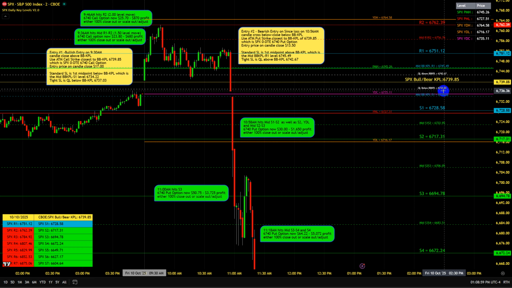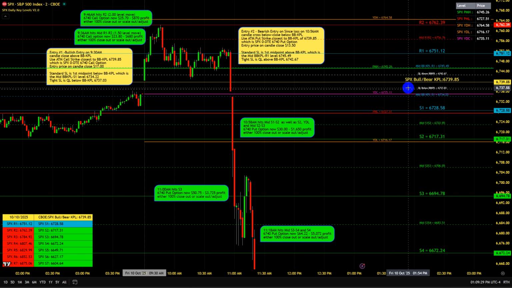The midpoint levels are utilized to gauge continuing momentum in a direction, and they also serve another purpose: to be used as standard stop loss levels, depending on whether you're taking a bullish or bearish trade, and depending on which level you're taking the trade from.